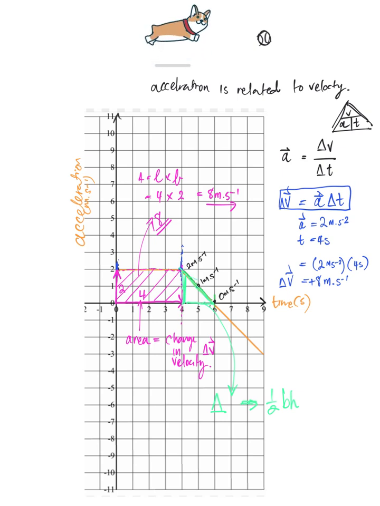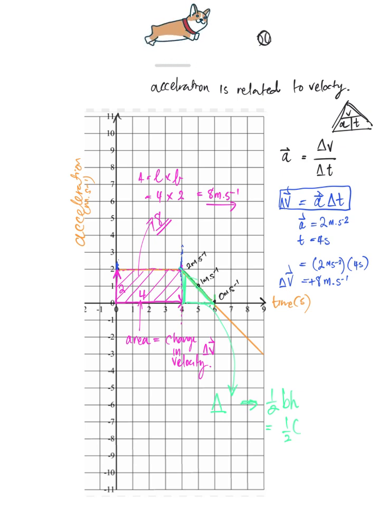So if I can find that area of that triangle, it's going to give me that for that portion of the graph, from going at a constant velocity to a 0 velocity. I can use area of a triangle, which is then going to be equal to half times my base, which is from 4 to 6, so that's 2, times my height, which is up all the way up there, which is 2.